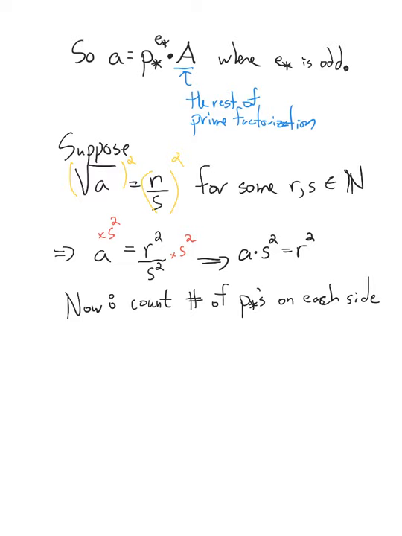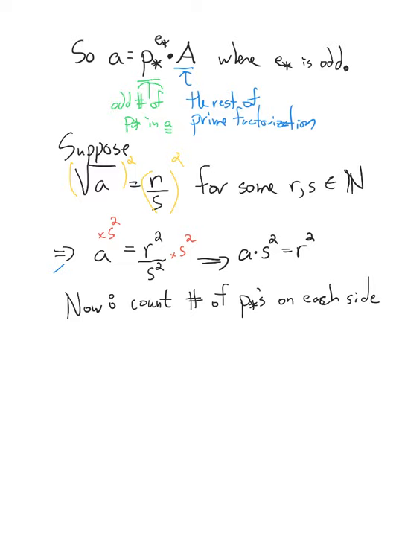So remember, we don't know exactly how many P stars are in A, but we do know that there are an odd number of them multiplied together. So an odd number of P stars in A. Cool. Okay, so we know that.